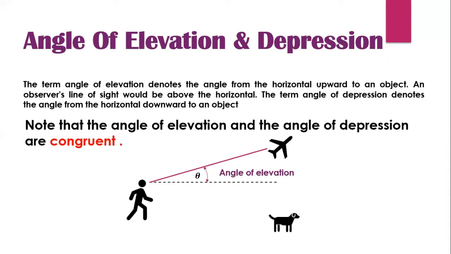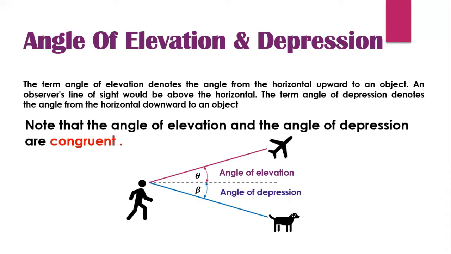The second term: the boy is looking at a dog downward. The term angle of depression denotes the angle from the horizontal downward to an object. Let's say this one is beta. In mathematics, we call this angle of depression.